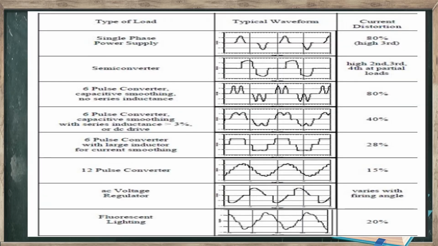Here are the types of load with the typical waveform and also the current distortion. There are several that I can show from this presentation, which are single phase power supply, semi converter, pulse converter, capacitive and many more. The current distortion is high for every type of load.